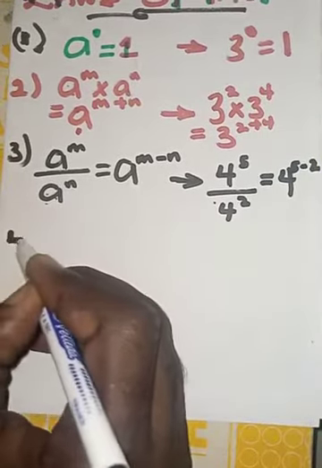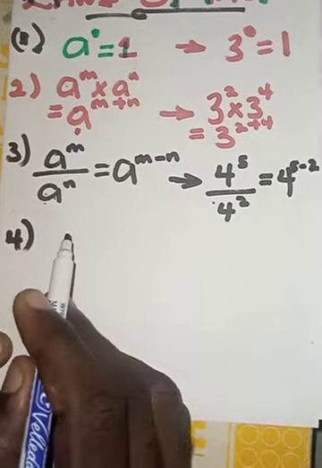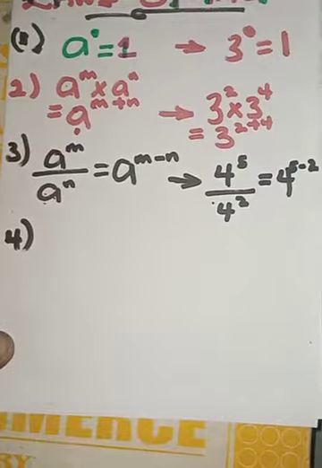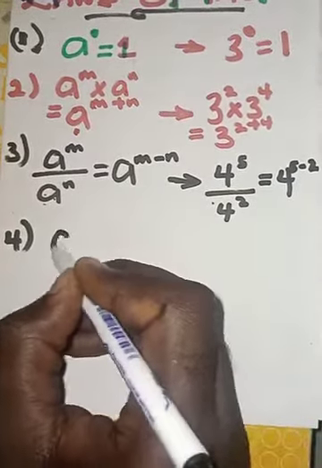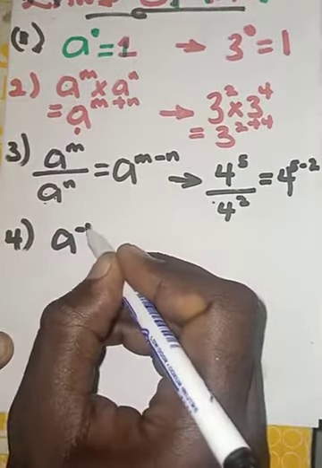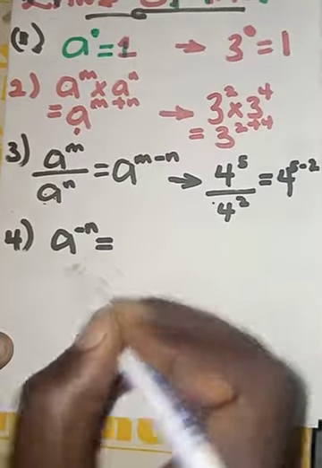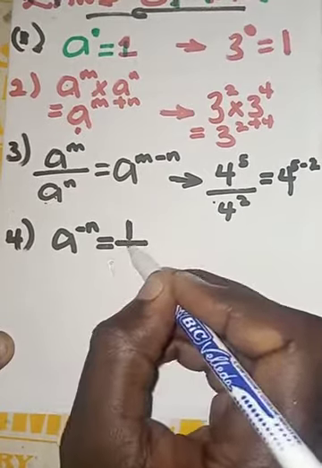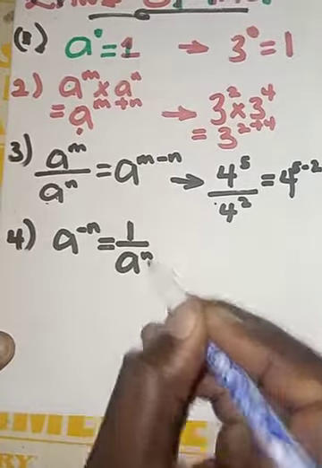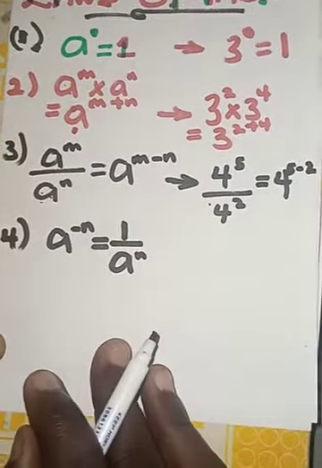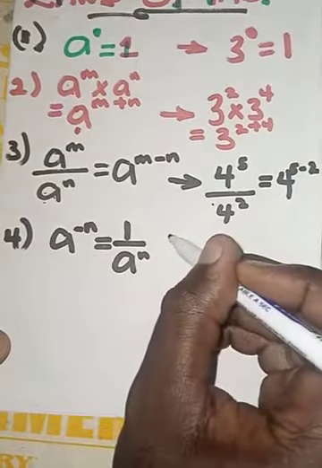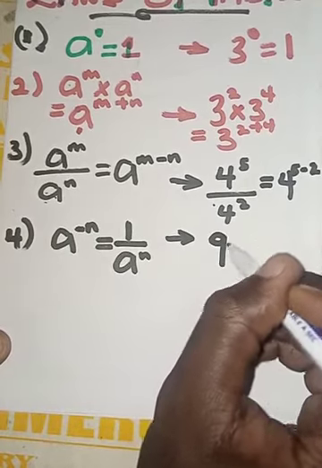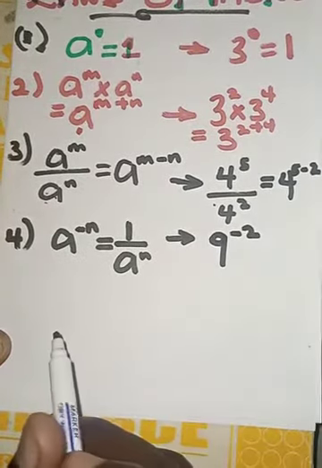Okay, let's take a look at another one. The fourth law says when we have a raised to power minus n, then we are going to have 1 all over a raised to power n. A good example is when we have a value like 9 raised to power minus 2.